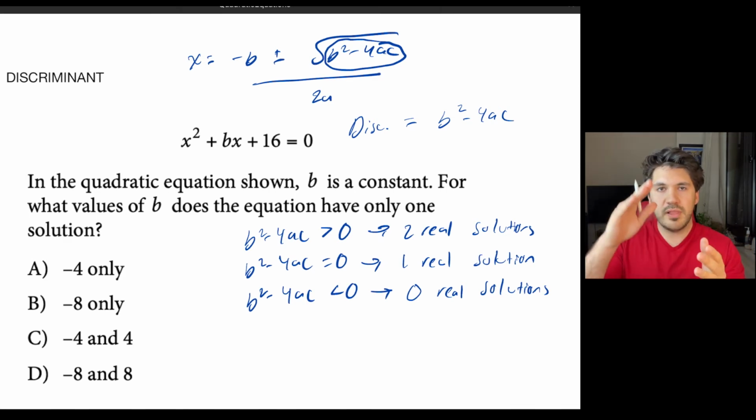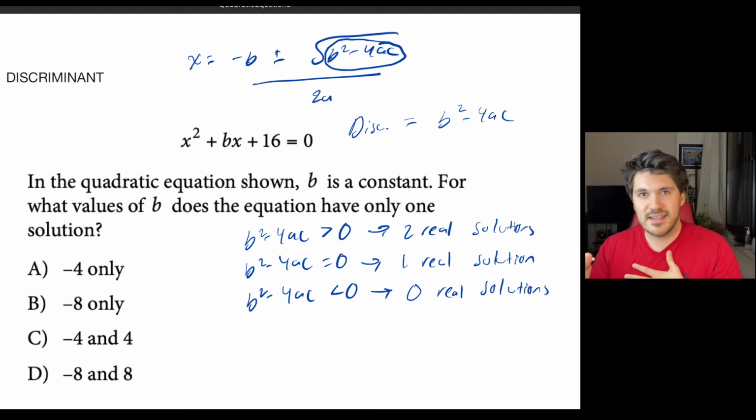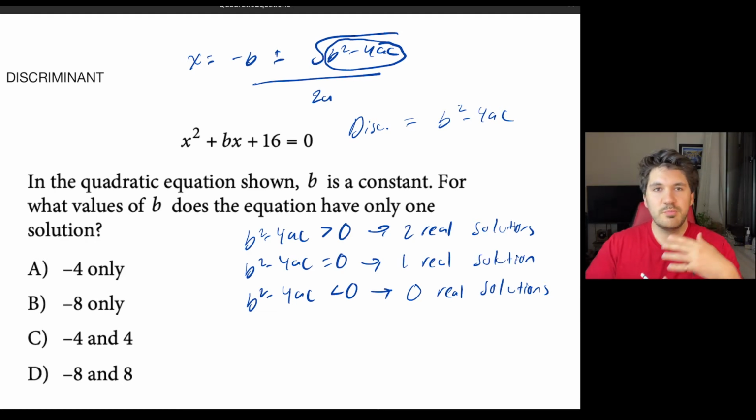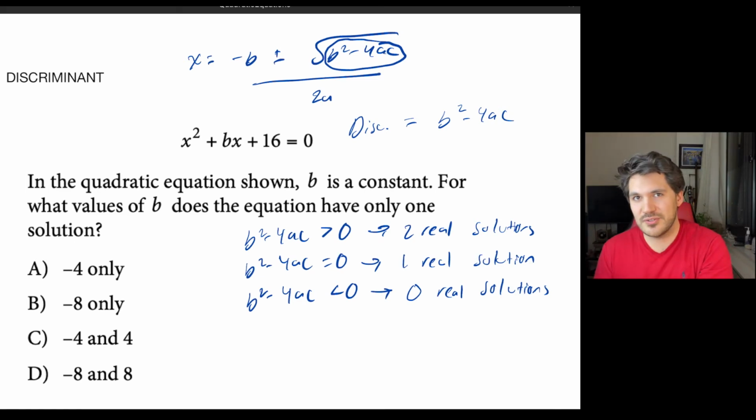Well, we're going to be doing a plus or minus the square root of 36, so we end up doing plus or minus 6. When you do plus 6, we get one solution. When you do minus 6, we get another solution. So that's why when b squared minus 4ac is positive, we end up with two real solutions.